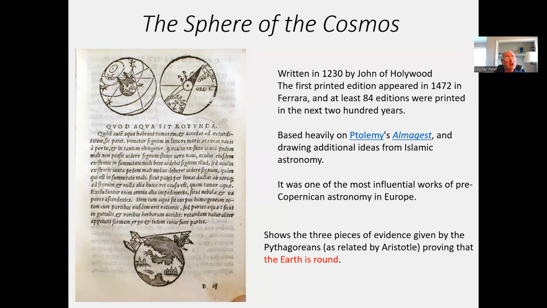And that shadow is a curved shadow. So the Earth must be a curved object if it's creating a curved shadow on the moon. And the third one is probably the most sophisticated: as you go north and south on the spherical Earth, you'll see different constellations. Constellations will be at different heights in the sky, again, because of the curvature of the Earth.